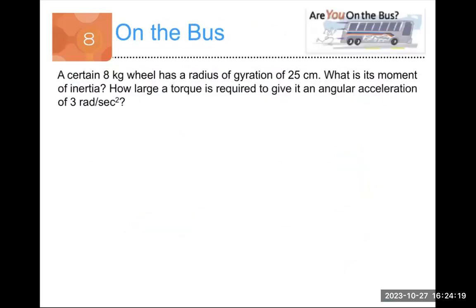Okay, in this first problem, we have an 8-kilogram wheel. So we know our mass is going to be 8 kilograms. It has a radius of gyration of 25 centimeters. And you're asked to find the moment of inertia.